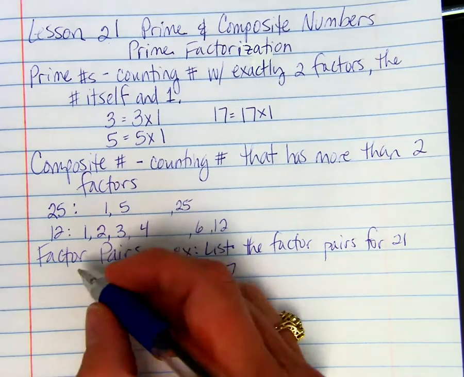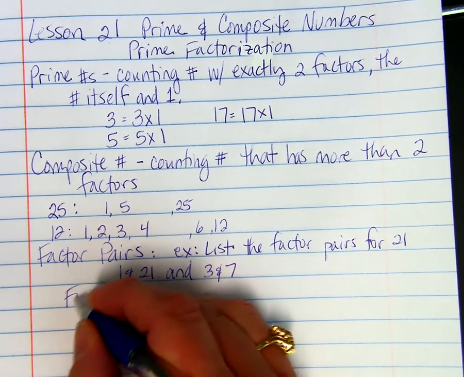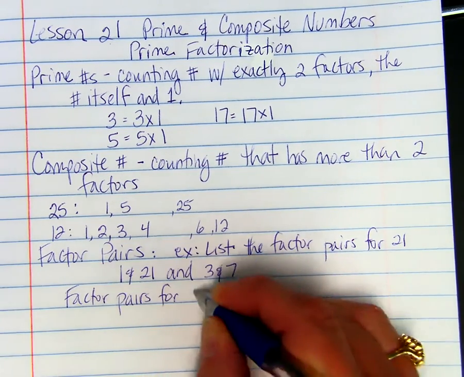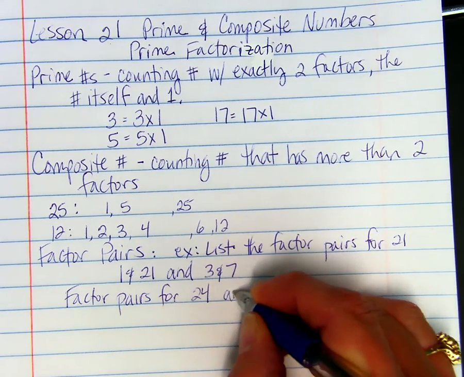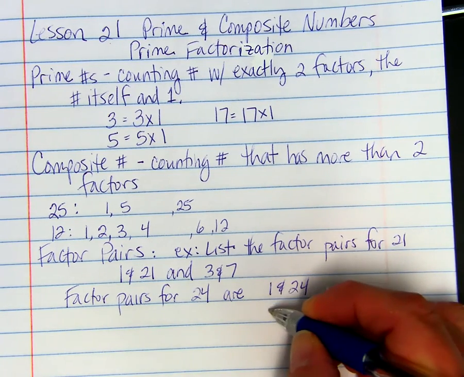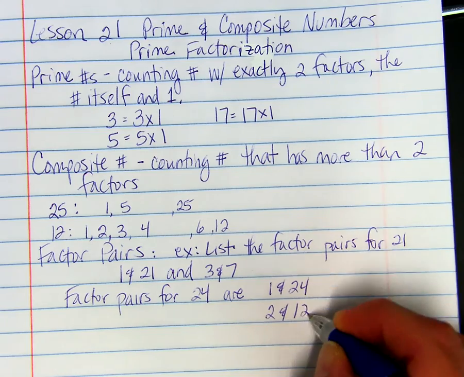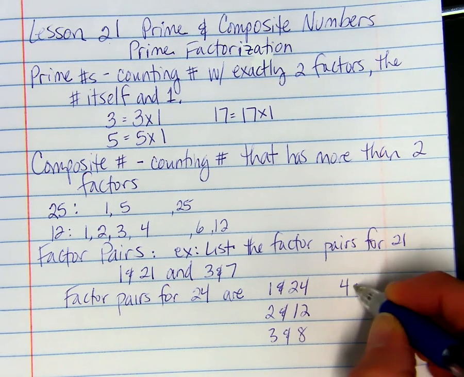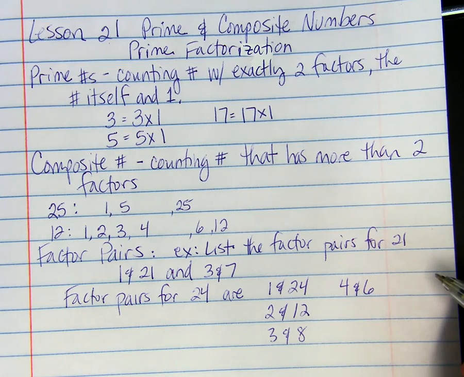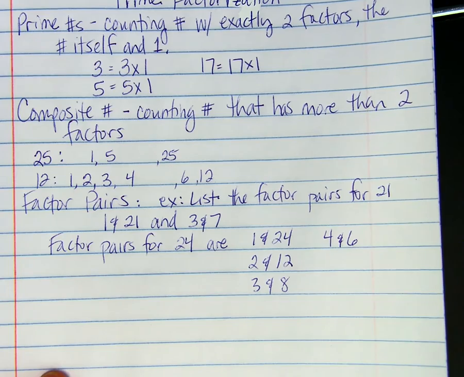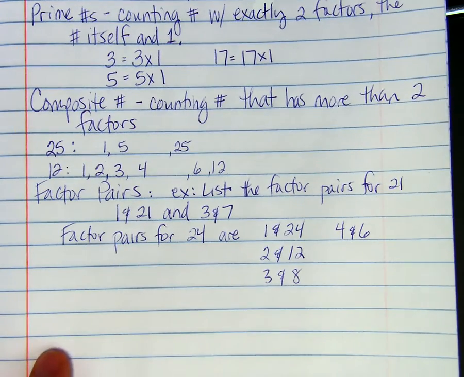The factor pairs for 24 are, so we have 1 and 24, 2 and 12, 3 and 8, 4 and 6. I think that's all of them. So there's 4 pairs of factors for the number 24.